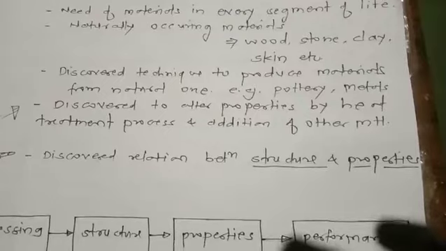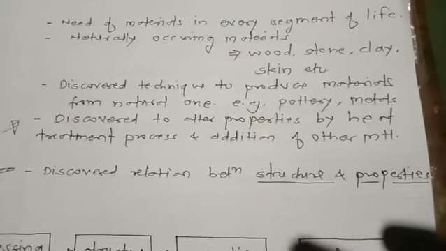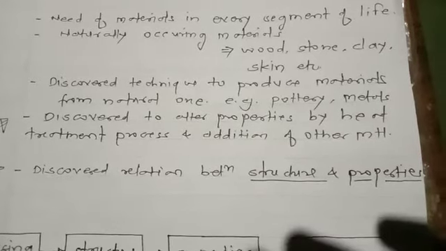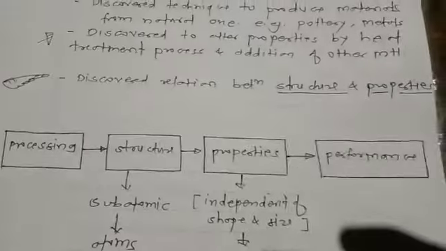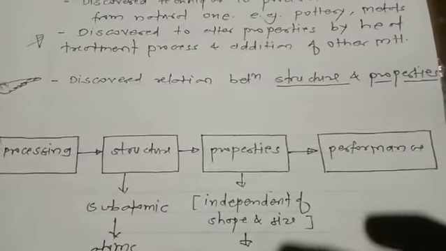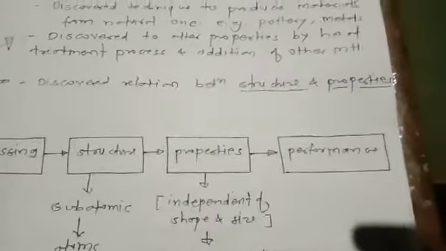Then, more important, the scientist found the relationship between structure and property, and this is the very important block diagram. Processing leads to good structure, that leads to good properties, and we get better performance.